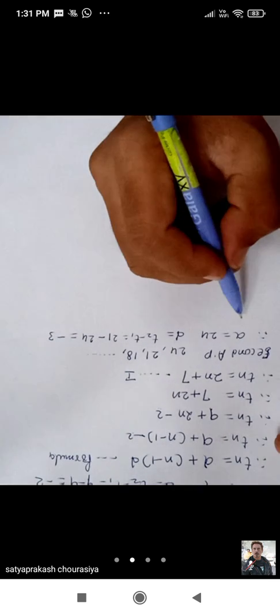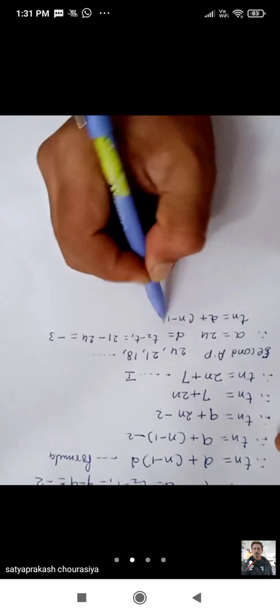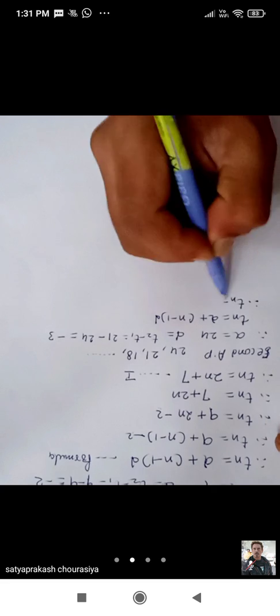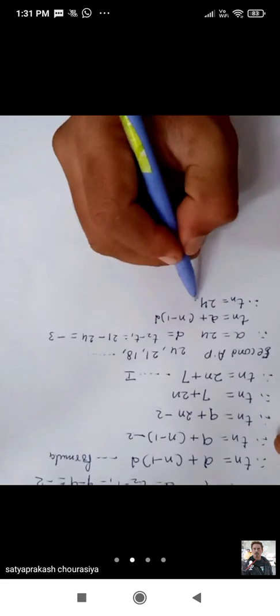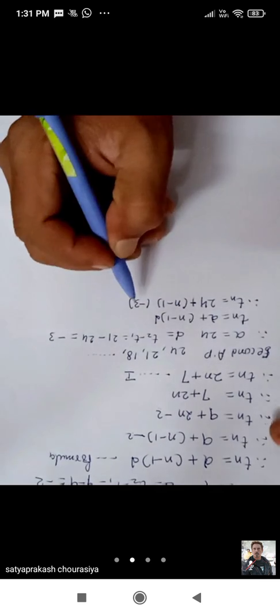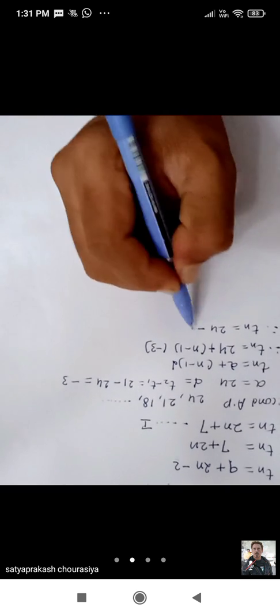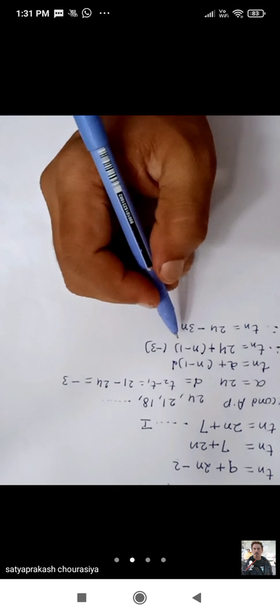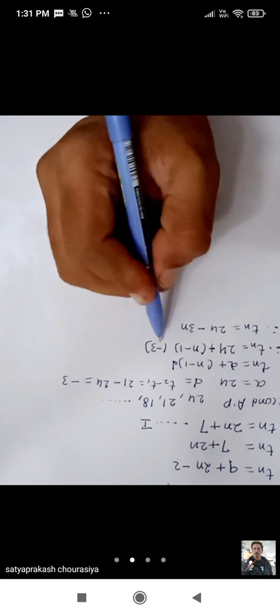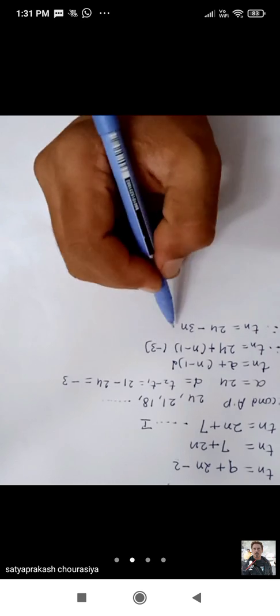Again we will use the formula Tn is equal to A plus n minus 1 into D. So Tn is equal to 24 plus n minus 1, with D value minus 3. Now multiply n and minus 1 with minus 3: minus 3 into n is minus 3n, and minus 3 into minus 1 is plus 3.